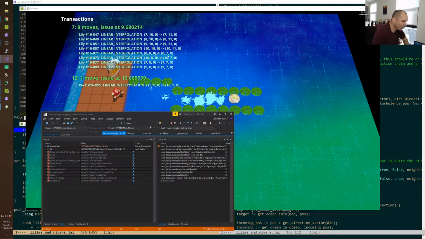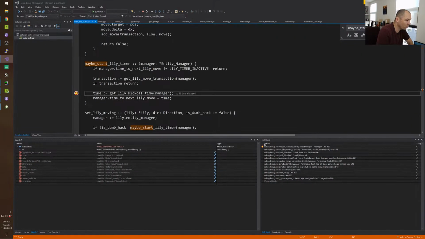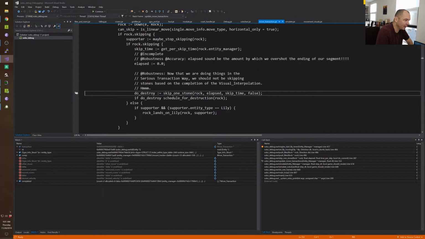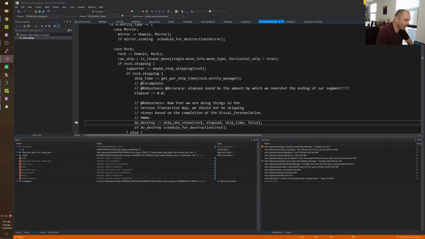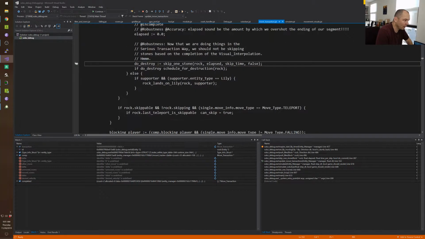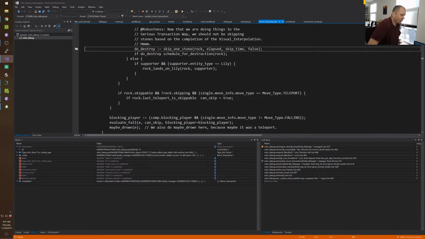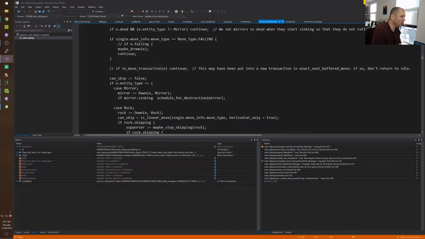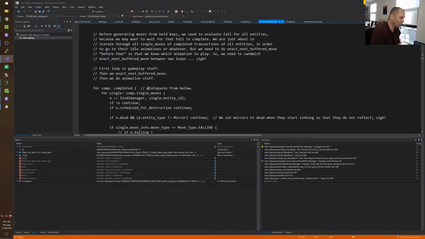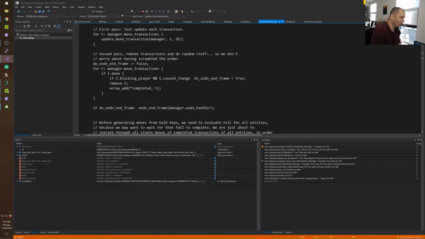So this is all happening from down in update move transactions, right? Which, you know, does stuff, responds to things moving. So one of the stones is skipping, that wakes up a lily and all that. And it's happening to do this on the frame where we finished one lily transaction. And we're about to start another one, but we haven't started the next one yet.